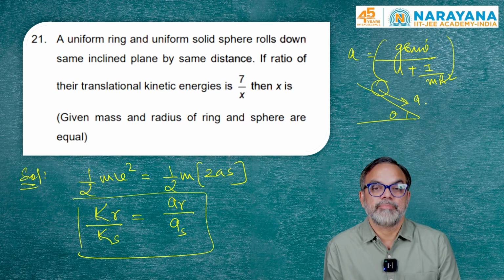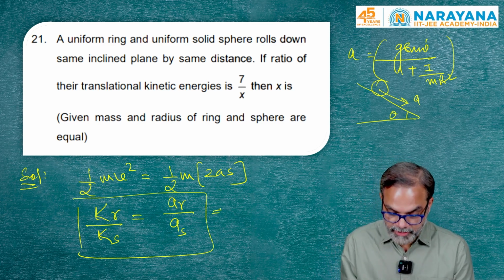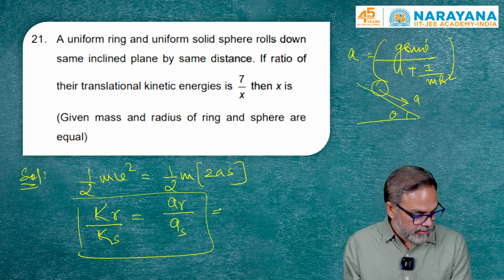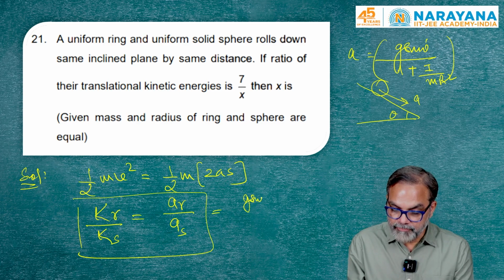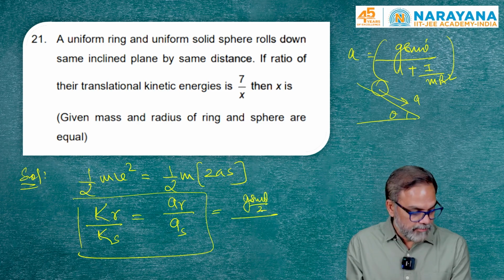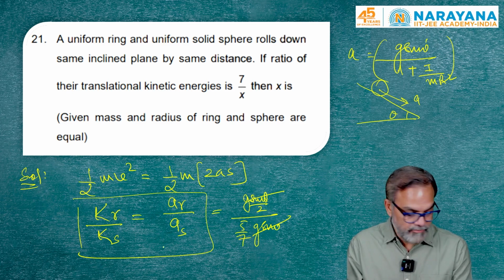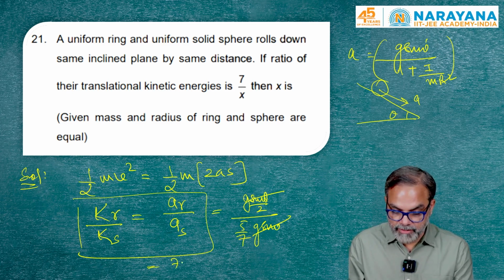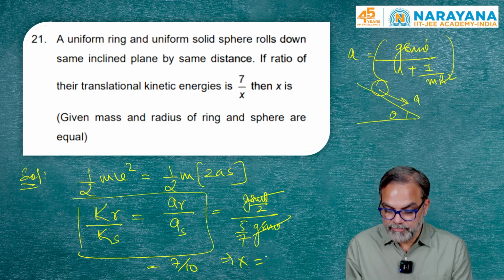This is the general expression. So by making use of it, I can put the value of a for a ring, which will be g sine theta by 2, then for a sphere which will be 5 by 7 g sine theta. This will cancel out and we'll have the ratio 7 by 10. So if I compare, the value of x will be 10.